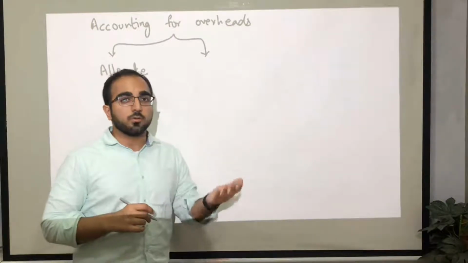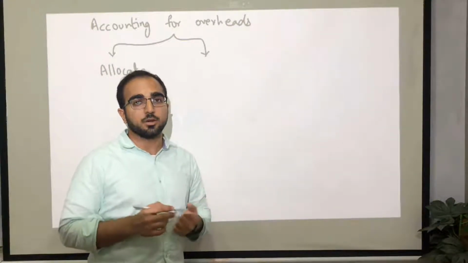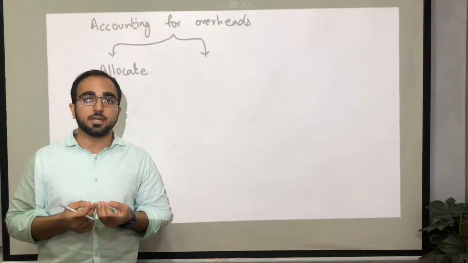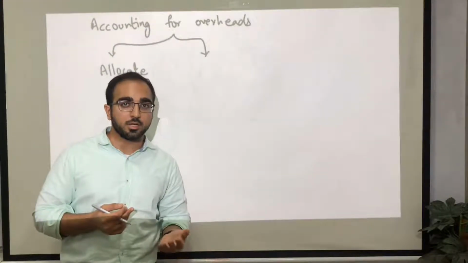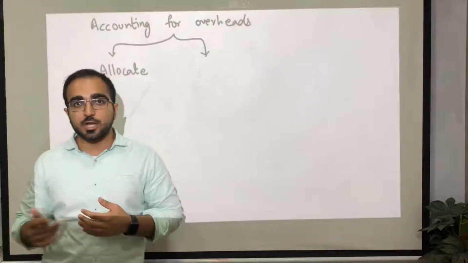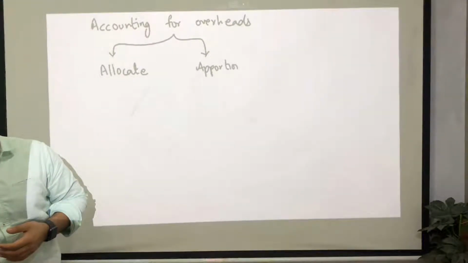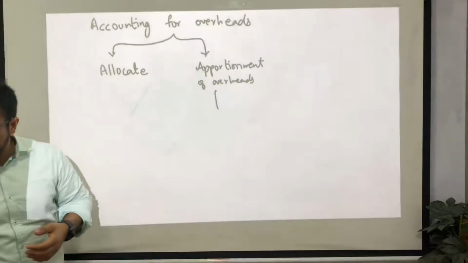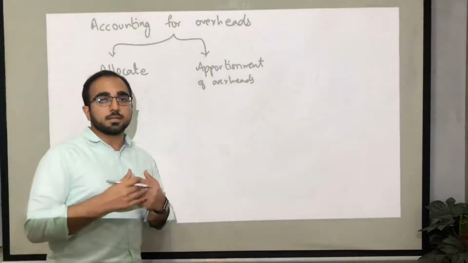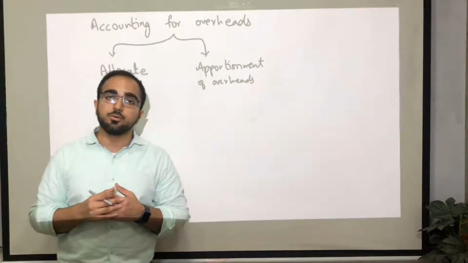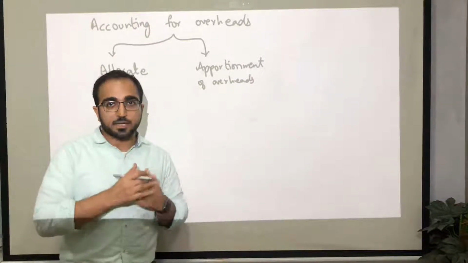Now there are some overheads that are general in nature, or come in as one cost that needs to be divided, or apportioned, to the respective departments. That is what is known as the apportionment of the overheads. It is basically one overhead being divided among the respective departments.